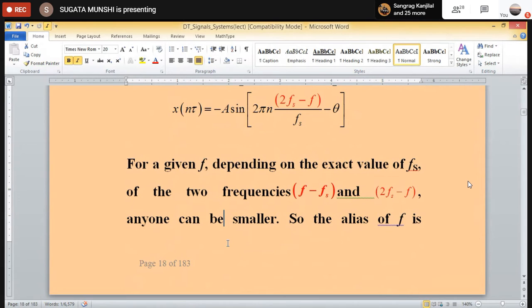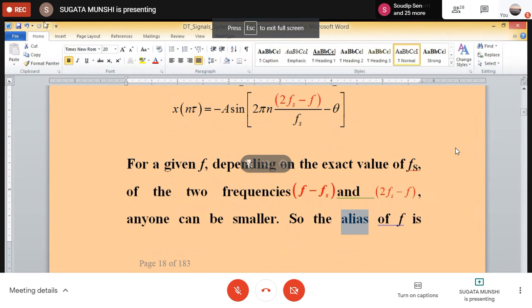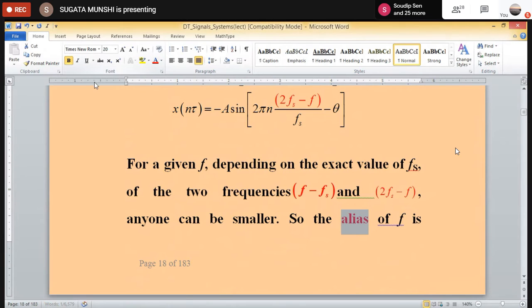So for a certain F, depending on the exact value of the sampling frequency, any one of these two frequencies can be smaller. So we say that the alias of F, this is the term that is used. You know the meaning of alias. The alias of F is either F − Fs or 2Fs − F, whichever is smaller.